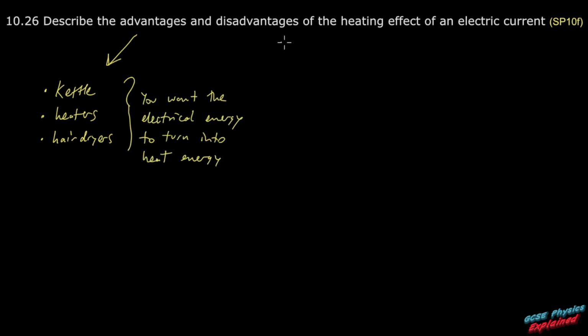Now obviously it's a disadvantage for anything that you don't want to get hot. So you don't want computers to get hot, you don't want TVs to get hot, you don't want radios to get hot, because it's wasting the electrical energy by turning it into heat energy. And that's just a few examples.